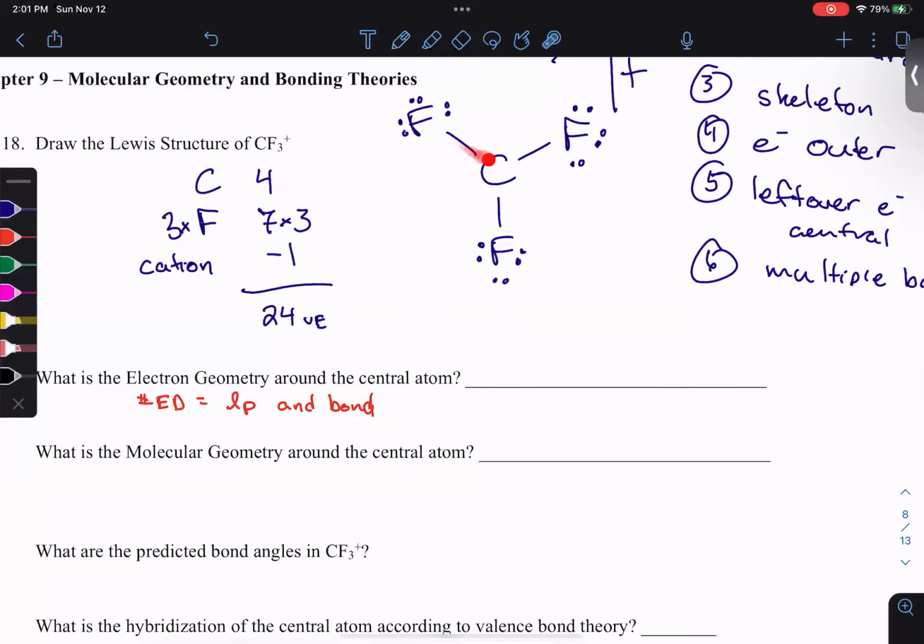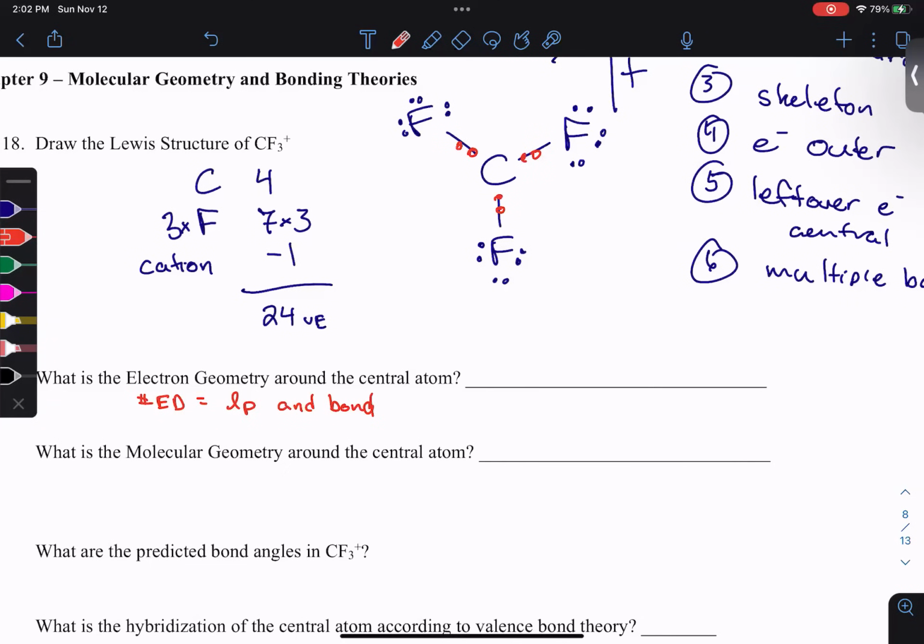Because these bonds have electrons in them, right? If we had a lone pair present, those are also electrons. And so the big idea of VSEPR theory, because after doing the Lewis structure we want to think about VSEPR theory, is that electrons repel one another. They want to repel one another because they're all negatively charged. And when those electrons repel one another, that's the geometry that it takes on.